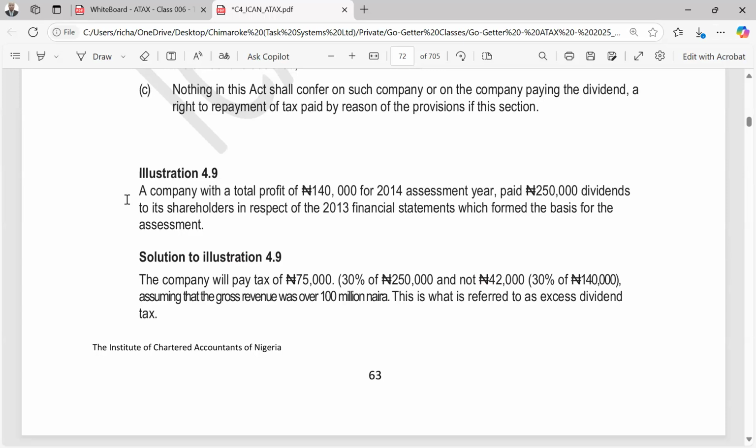Now look at the solution here. The company will pay a tax of, look at this 250 that was paid, you find 30% of it. Let's look for 30% of it.